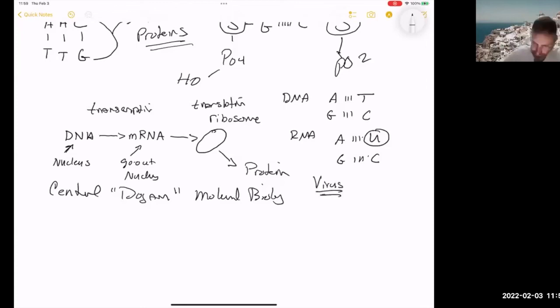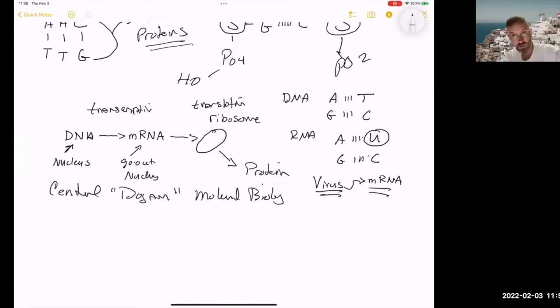Certain viral infections: there are certain viruses that, when they infect your cells, infect your cells with RNA. Now, under normal circumstances, RNA cannot go into the nucleus, right? RNA can't go to DNA.